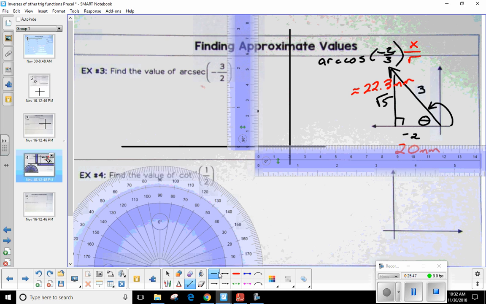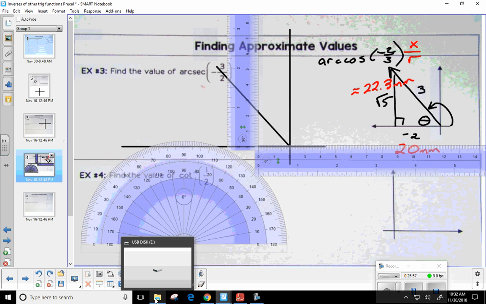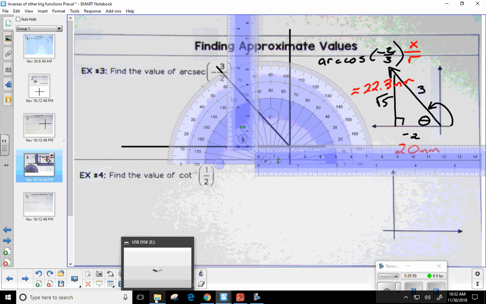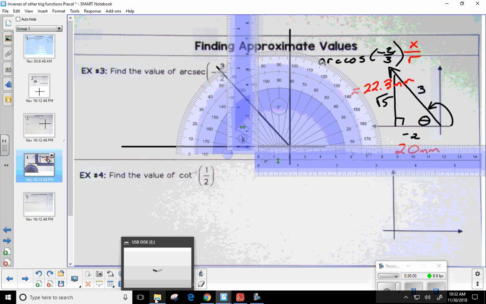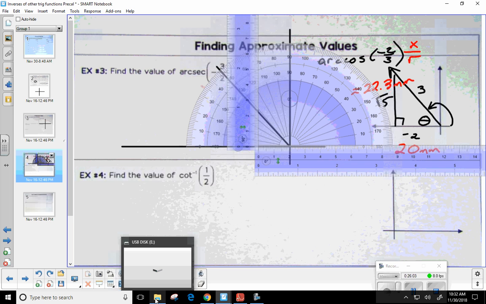I'm going to draw a segment going from the origin through that point right there. Now, let's put your protractor on there and see what we get. Now, are my crosshairs right on the origin?